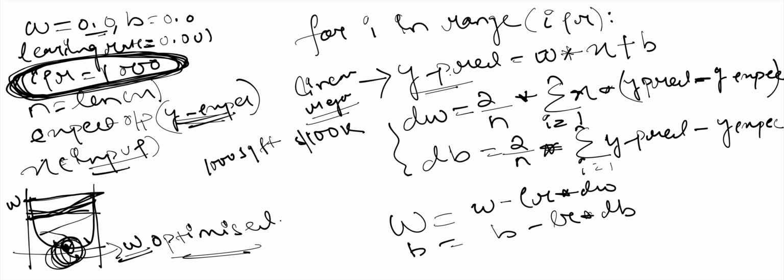But our model predicted this 1,000 square feet house to be, suppose, 50,000. Is it matching? No, it's a huge amount of loss or error. So it means we need to update our weight.